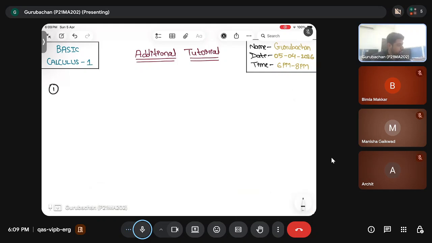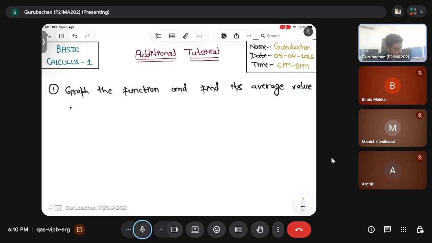So let us start with some average value of function. First one is: graph the function and find its average value over the given interval.